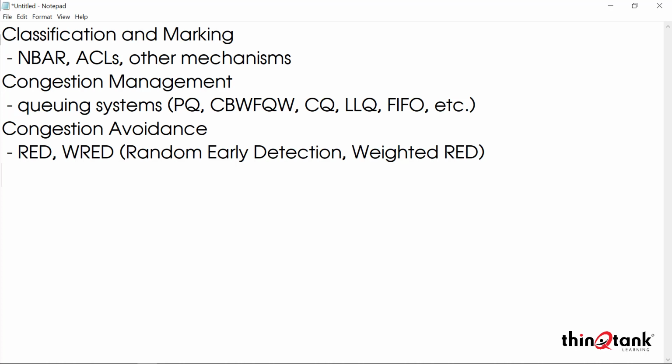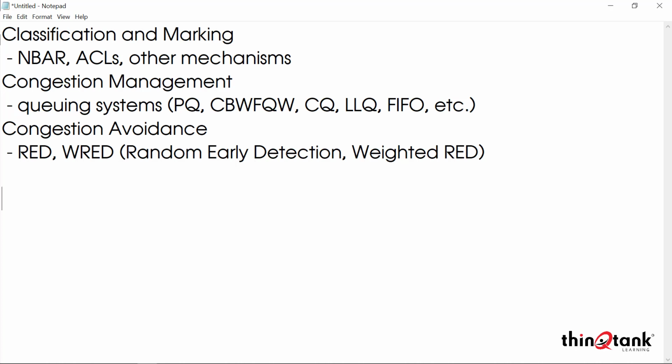So rather than waiting until the point where I have to basically police or shape all the traffic, I'm going to start dropping data from less important flows to reduce the overall congestion in the queuing system. So it's kind of like a way for us to drop data from less important flows before the more important flows are affected. And random early detection is the way we do that.